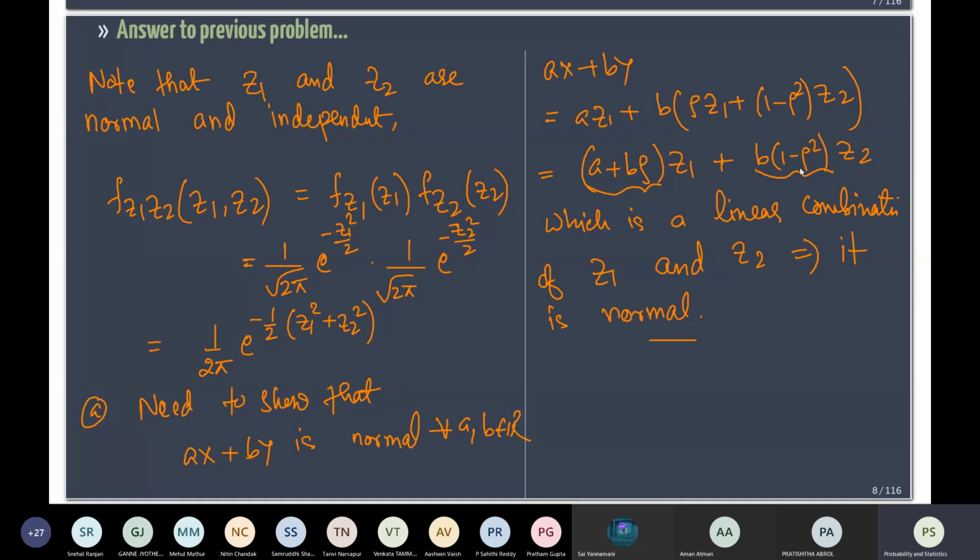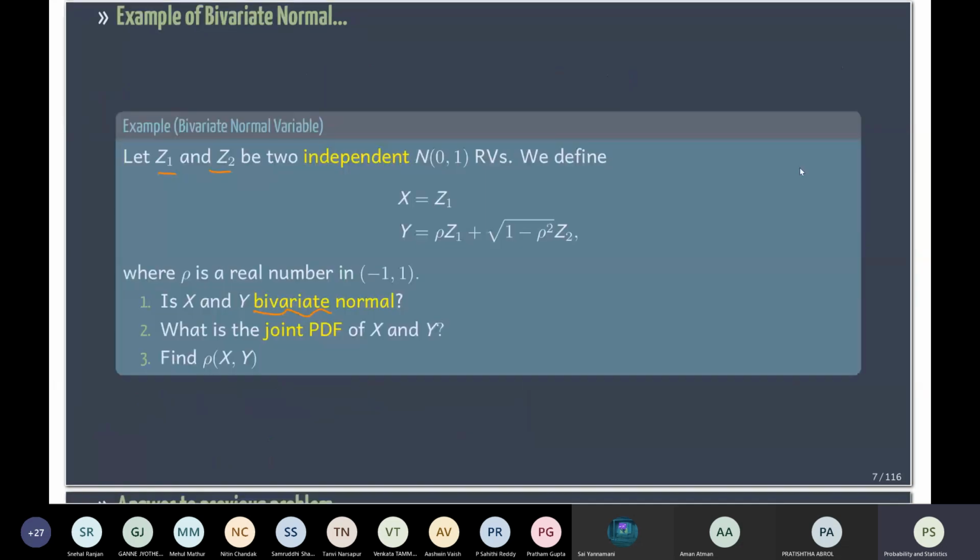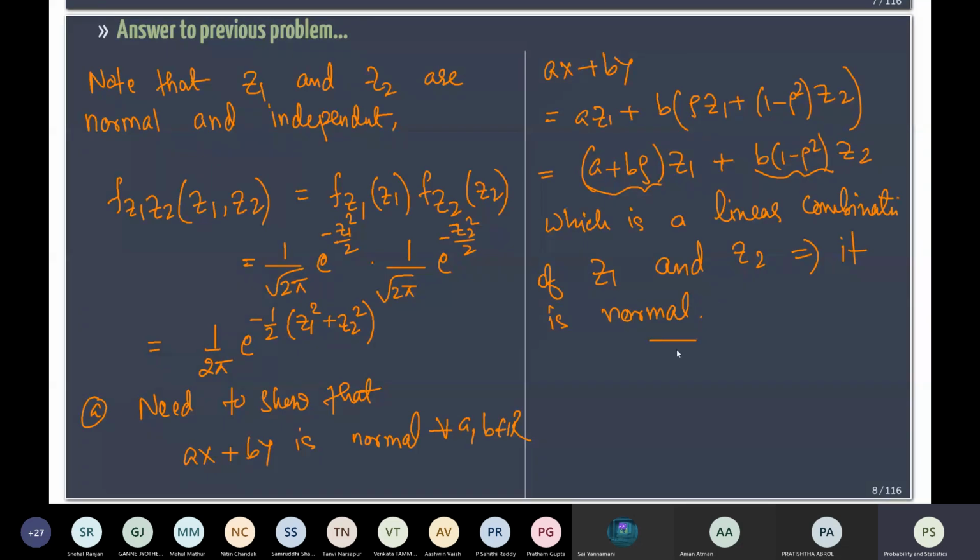So it is bivariate normal because the linear combination turned out to be normal, because it is just a linear combination of standard normals. Standard normal is not necessarily standard normal here, but they are normal. Okay, so this is what we have.